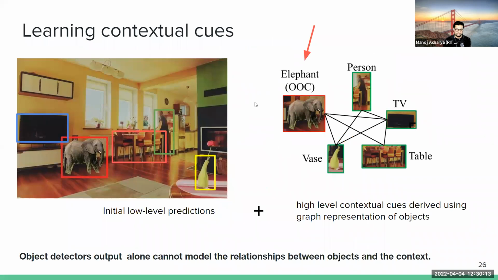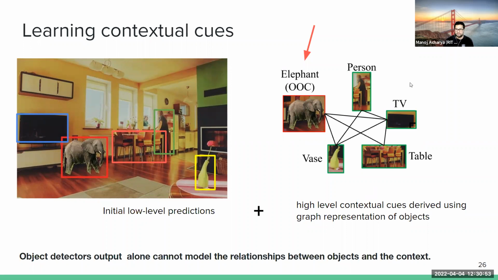For that, what we found was that just naively using object detector output cannot model the relationship between objects and the context, right? Typical object detectors will just produce bounding boxes, but there is no concept of relationship between these bounding boxes in the scenes. So our approach is, once we get the initial low-level predictions, for example your bounding boxes, the category labels, and the coordinates, to derive some higher-level contextual cues using a graph representation of objects.